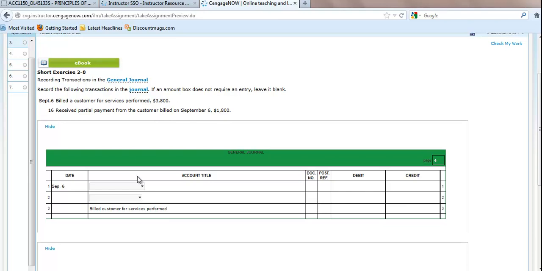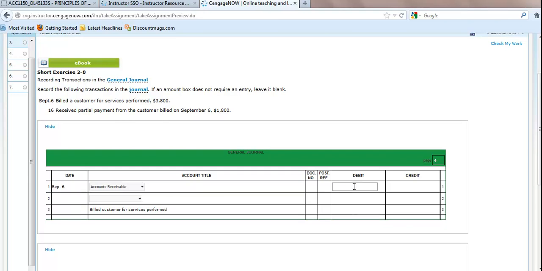So the account that is used in that scenario is accounts receivable, because that's money I'm going to receive. At this point, we need to remember that accounts receivable is an asset account. We're increasing the amount that we're going to receive later, and assets increase with the debit. So we're going to put the amount of our debit for $3,800.